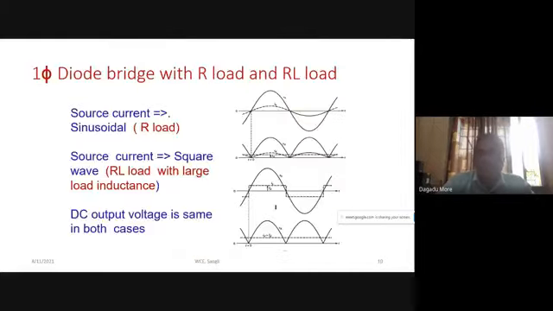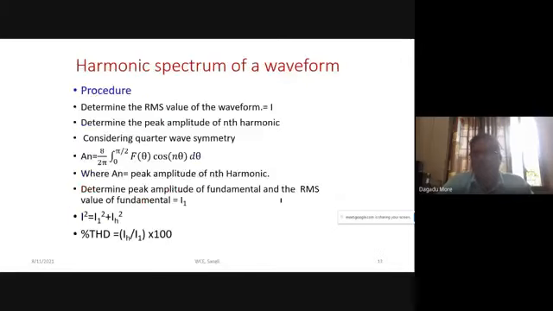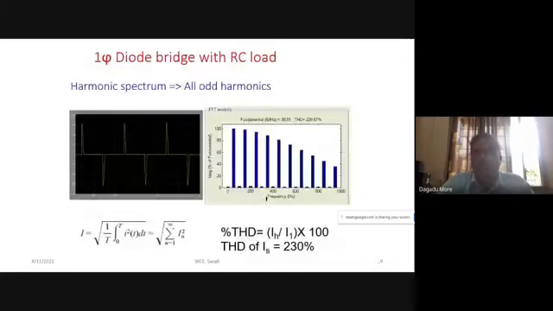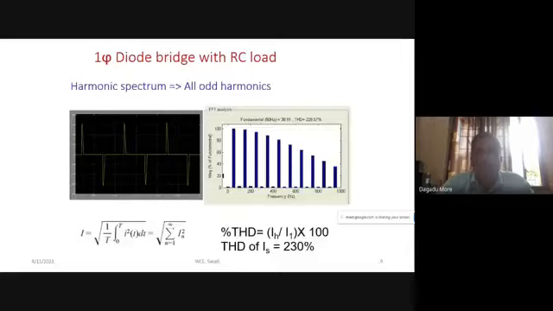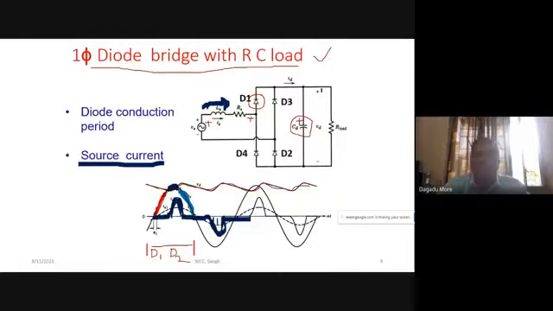Okay, we'll discuss this. Now when our load is RL, what will happen to IDC? Let us assume that we have an inductive load, an RL load, and we don't have a capacitor.